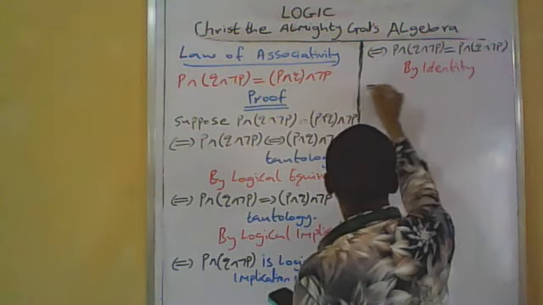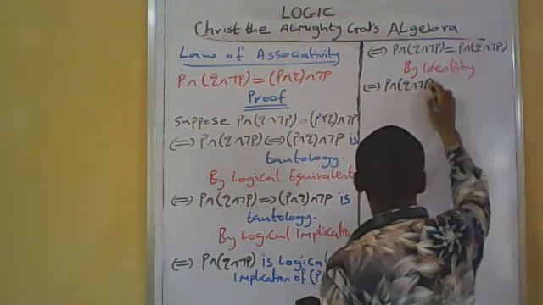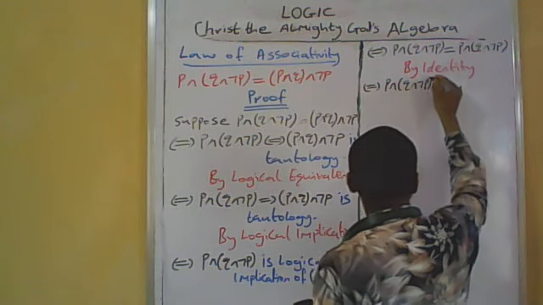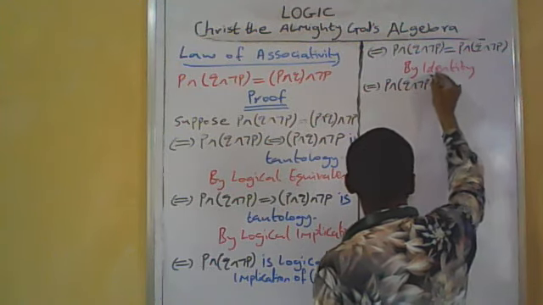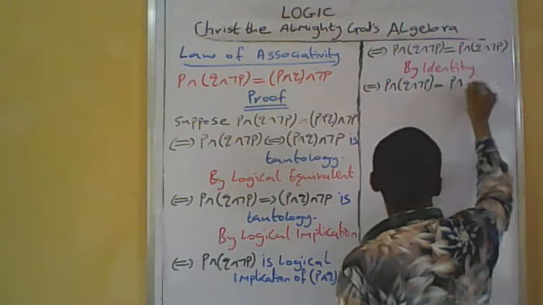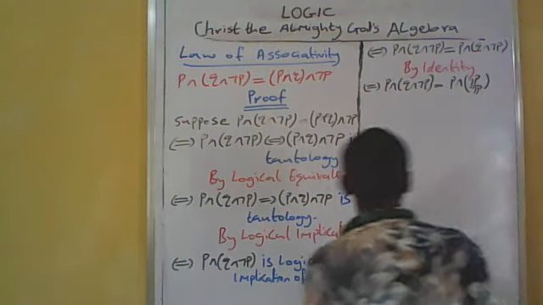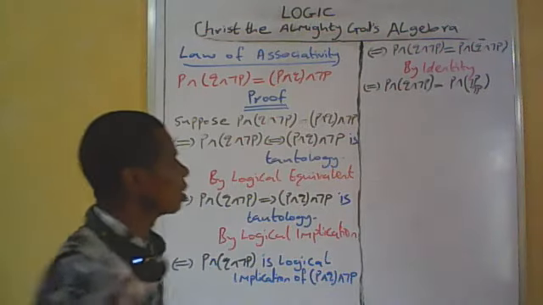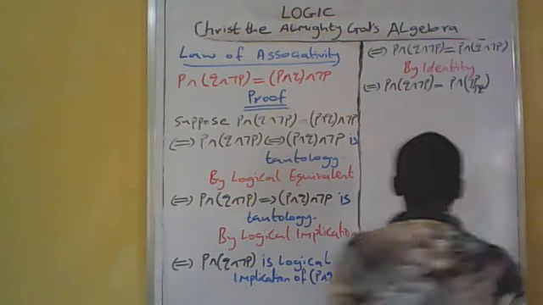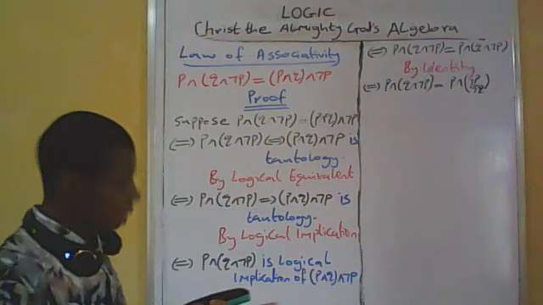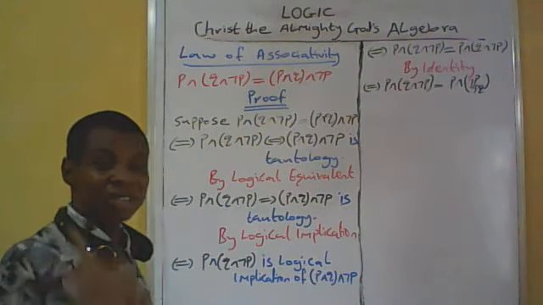P and (Q and not P) is equal to P and not P upon not Q. You will find out that the right hand side of the equation is now greater than the left hand side of the equation.